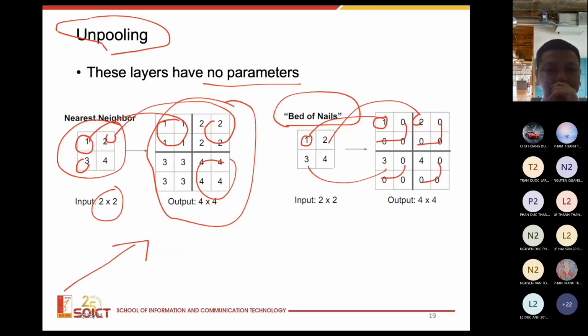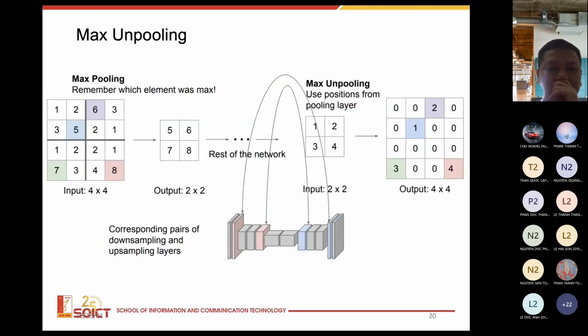We can also use a max unpooling layer. Before discussing the max unpooling layer, I will remind you about the max pooling layer.